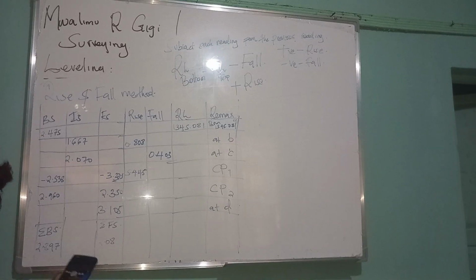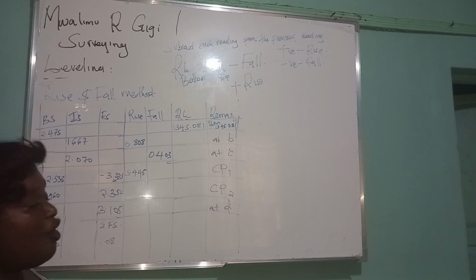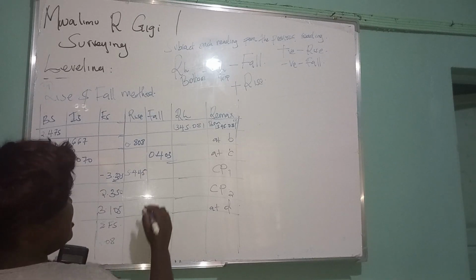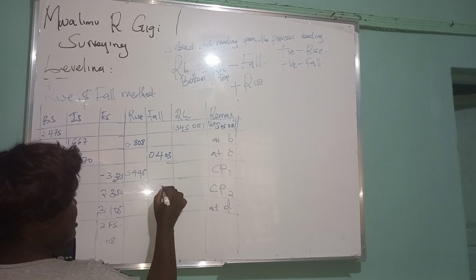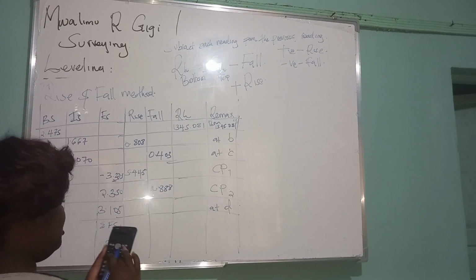We have a backside of negative 2.538. Negative 2.538 minus 2.350. So it is negative 4.888. So it is a fall of 4.888. Then we go to next.